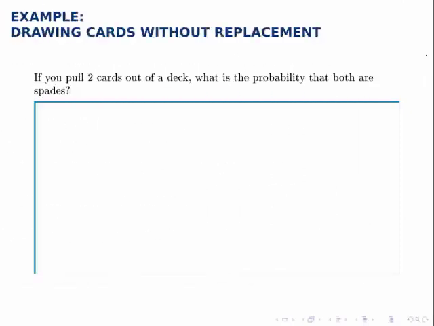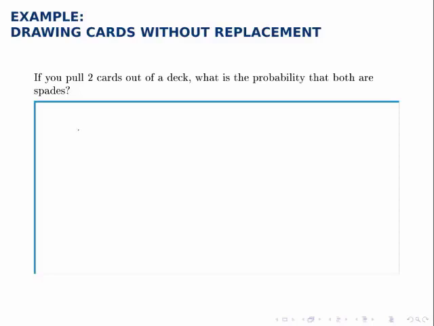If you pull 2 cards out of the deck, and the implication is without replacement, what is the probability that both are spades? As we said before, drawing cards without replacement means that the events are not independent, because once I've drawn the first card, that changes what the deck looks like for the second card.